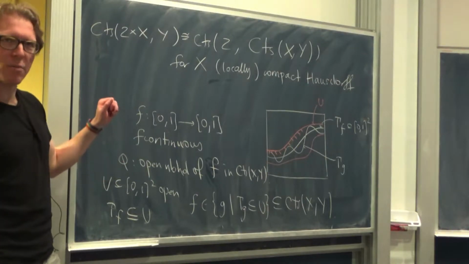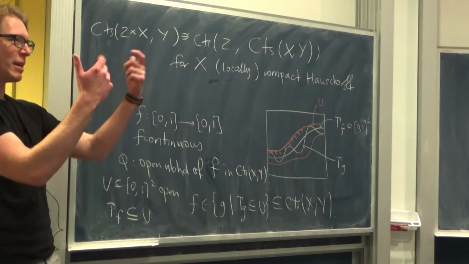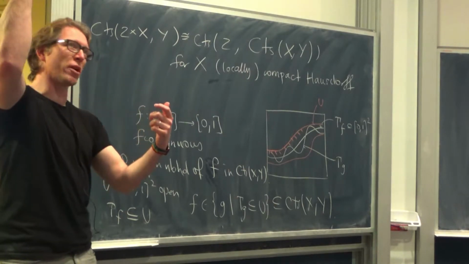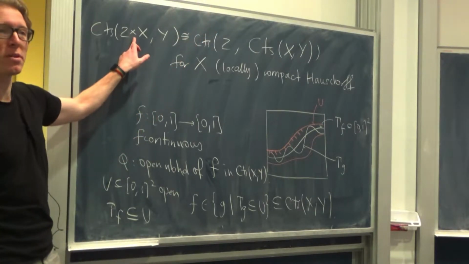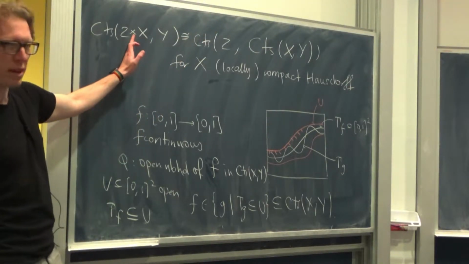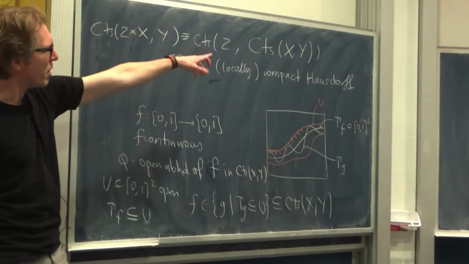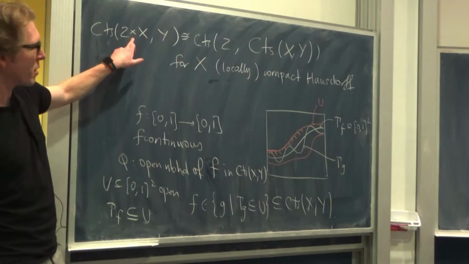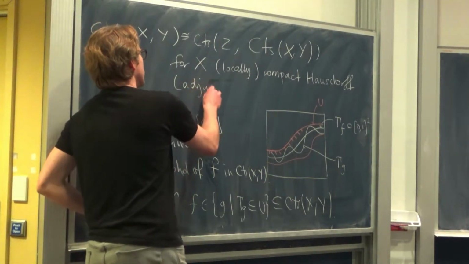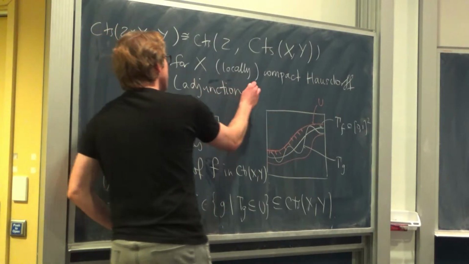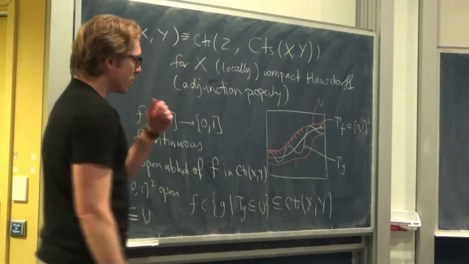A slightly more sophisticated way of putting it is that this identity reduces the conceptual landscape from containing both products and function spaces to just containing products, because this identity, if you get used to it, tells you can reduce everything you want to know about that thing to just knowing about the product. That's encapsulated in this word adjunction. So this is called the adjunction property.